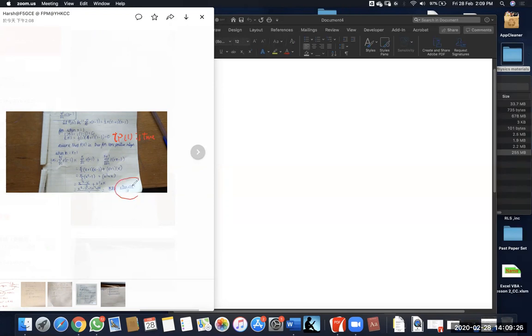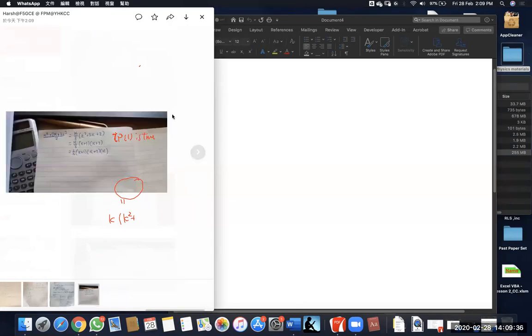And then simplify this one. Sir, it's in the next page. I sent another picture. Okay, and then you still write P(k+1) is true, and then by induction, Pn is true for all positive integers n.